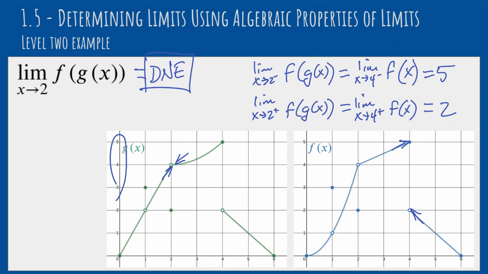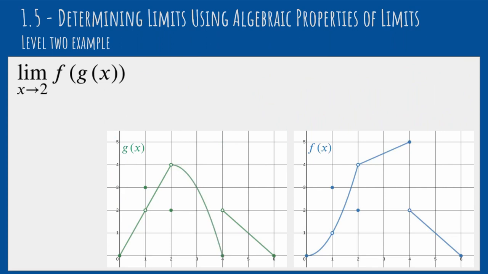Now, it might be tempting after the first example to say, okay, well, when this happens and f isn't continuous, then it's always not going to exist. Well, let's change it up a little bit. So the only difference here is the graph of g looks a little bit different. So let's analyze one-sided limits again. So x is approaching 2 from the left of f of g of x.